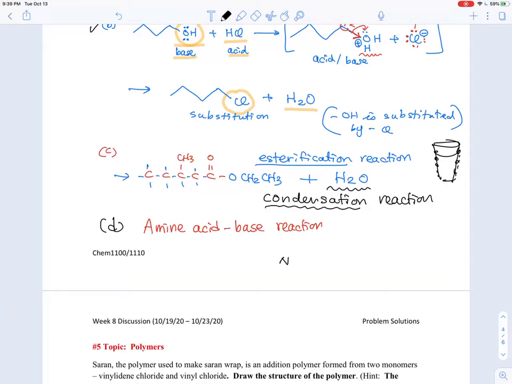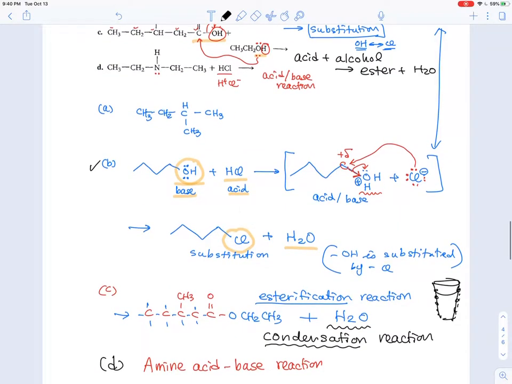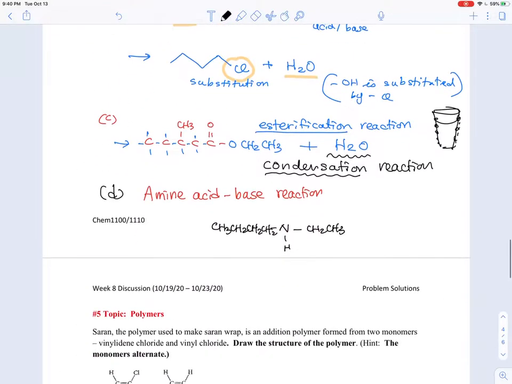So this one is now an amine. What used to be here CH2, CH3, and hydrogen. And then this is a CH3, CH2, CH2, CH2, right? So those are the 4 carbons that, oh, we used to have just 2 carbons. I don't know what happened here. Sorry about that. So this is a CH3.